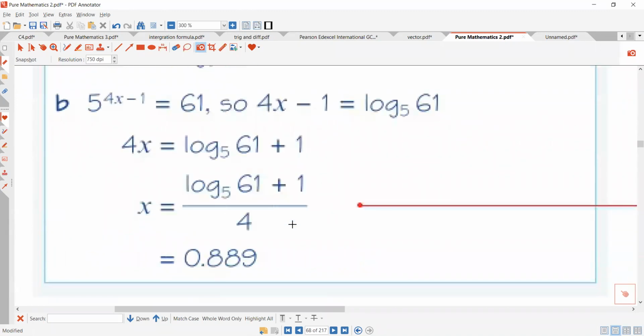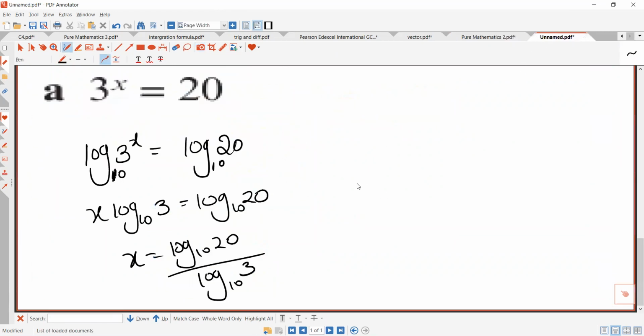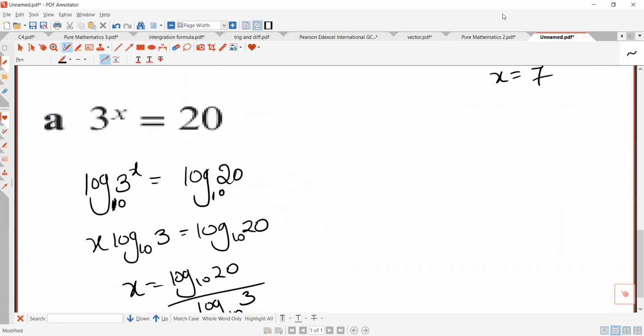Understood? You guys got 0.889? Yeah. Most of you got it? Everyone? Kanath? Maria? Done? Online people, everyone got it?